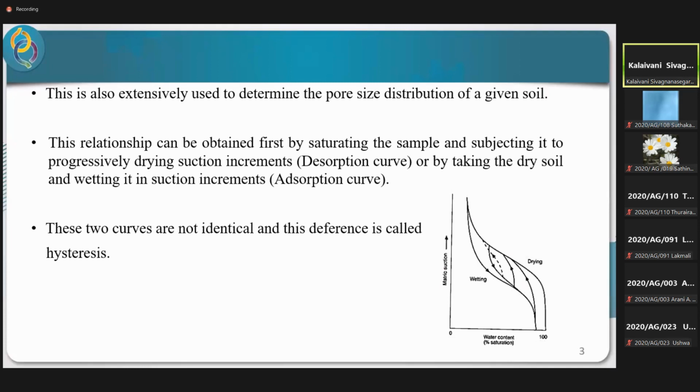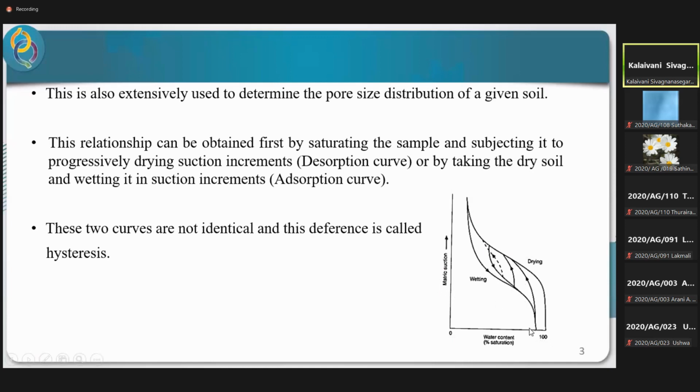If you irrigate the soil, what will happen? Water gets into the pores, right? Here we are talking about a desorption curve and adsorption curve. You can see this graph is drawn against the water content and matric suction. When you are drying the soil, what will happen to the soil?